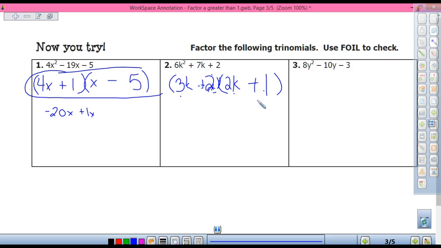Plus and plus, okay. Because 3 times 1 gives me 3k. 2 times 2 gives me 4k. Does that give you 7k? Yeah, so we've got 3k plus 2 and 2k plus 1.